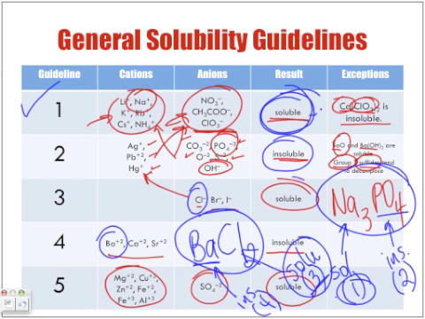So even if you have something that is soluble combined with anything that's insoluble, because this one is higher in the guideline, that will decide the result. So if it's insoluble and it's higher in the guideline, it's insoluble. If it's soluble and it's higher in the guideline with an insoluble that's lower in the guideline, then it'll be soluble. So always look at the guideline. So use this guideline to help you out.